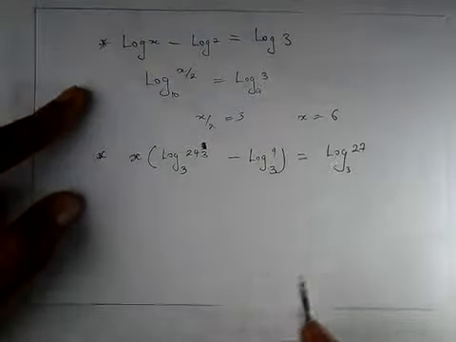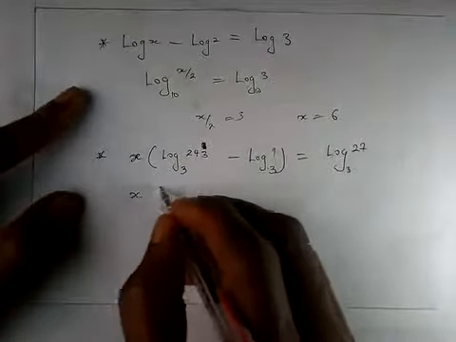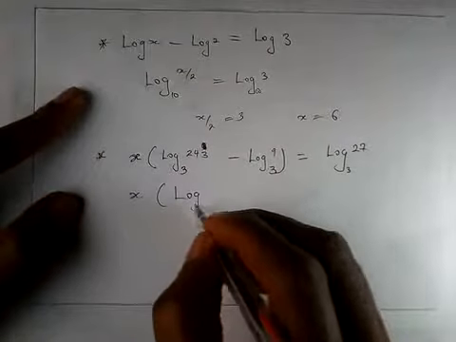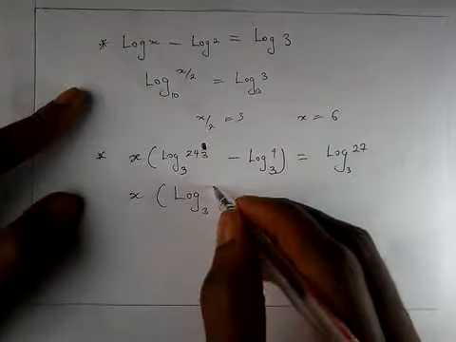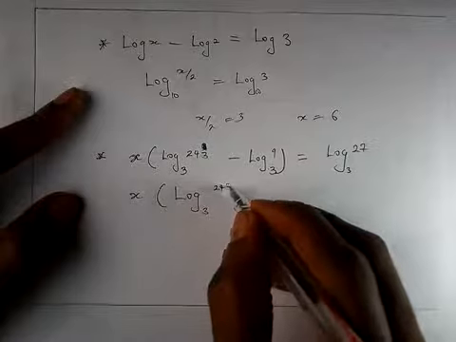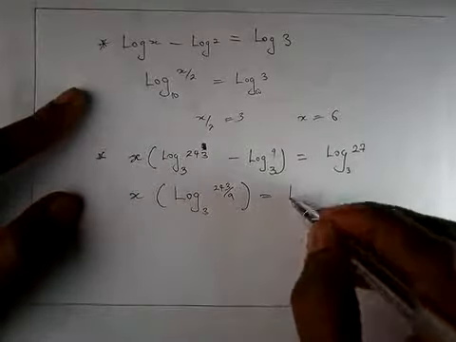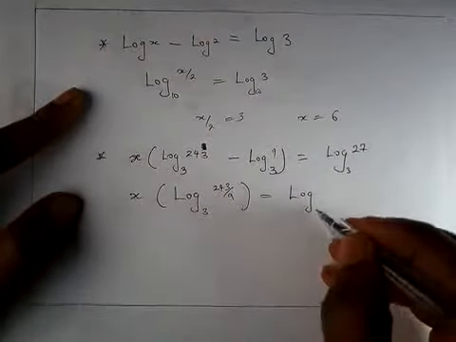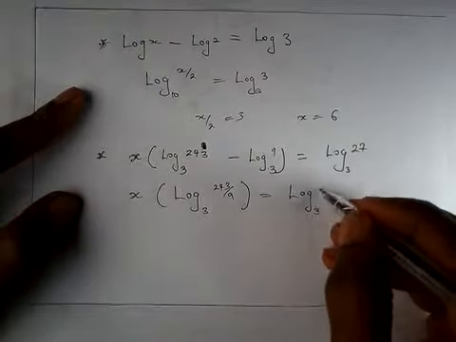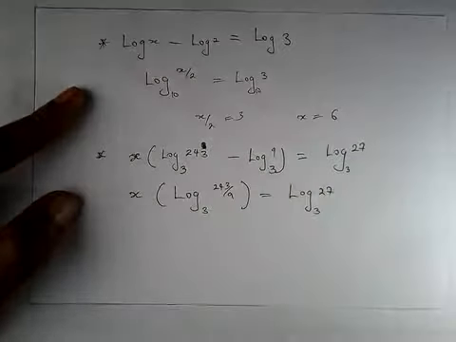Okay, now the log s to base 3 minus, you divide, right? 243 over 9 is equal to log 27.